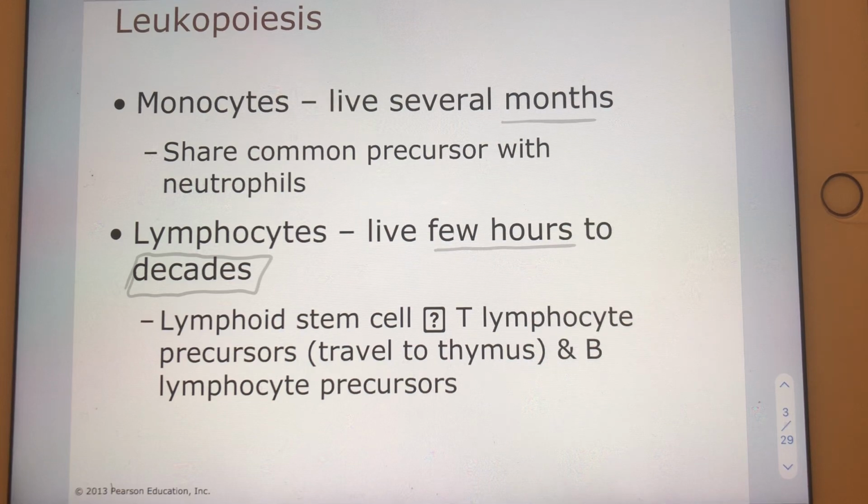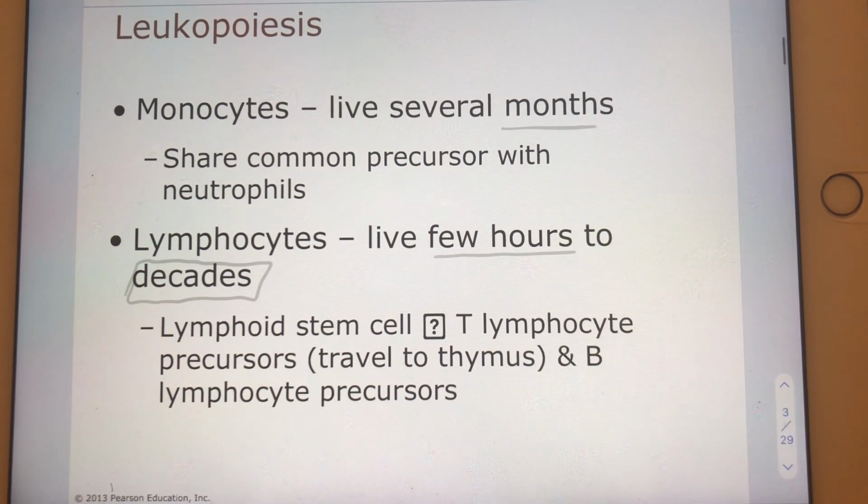We've already established that different formed elements live for different lengths of time. Platelets are very short-lived. We just established that at the end of 17A. Erythrocytes, we know, can typically live for up to 120 days. Monocytes stick around for usually several months.